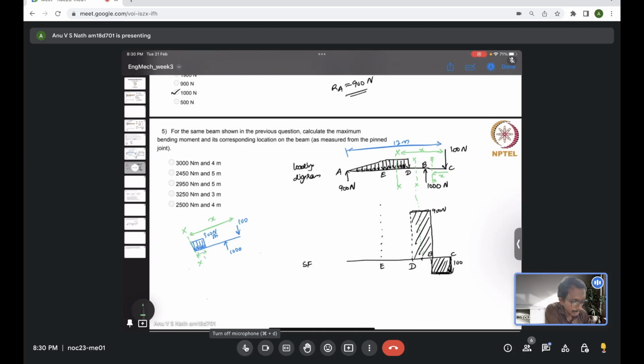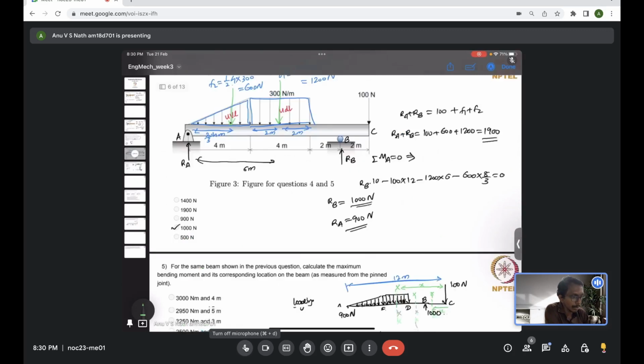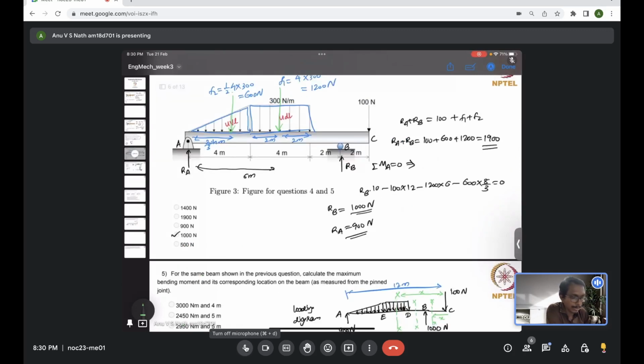In the question, the total distance is 4 meter. The UDL is starting from 4 meter from the end C. But I am somewhere here, which is a total of X distance from the end C. So only this much distance I am plotting, which is X minus 4 units.